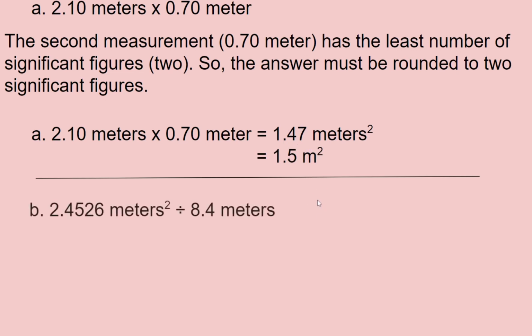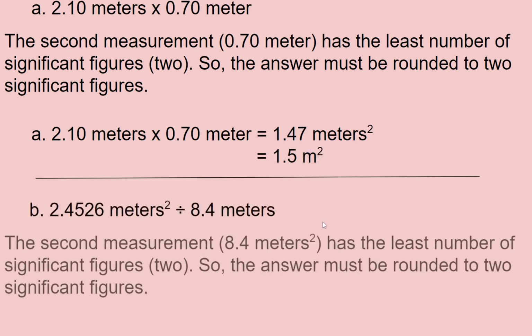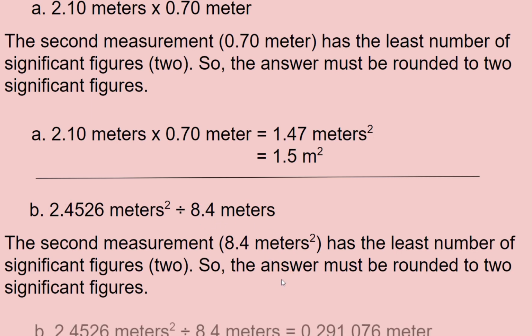For our division example, it's the same thing. We get our answer. We look at our number of significant figures. That first number has 5. Our second number has 2. 2 is our least accurate in terms of significant figures. So we divide as normal, and then we round to 2 significant figures.